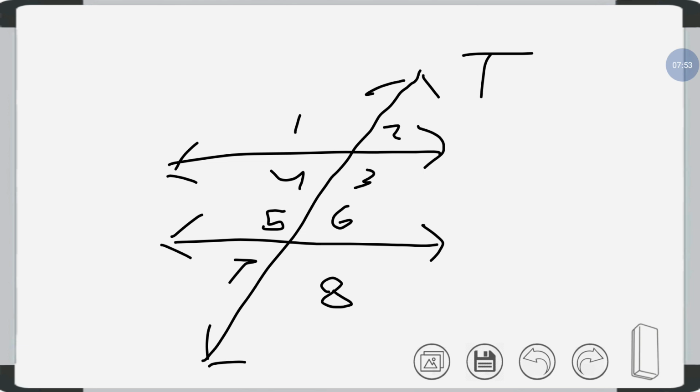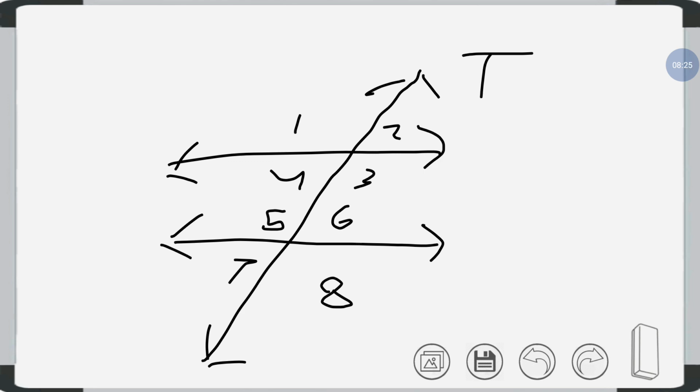Our same side interior angles are supplementary, so they are not congruent. Alternate interior angles are congruent, and alternate exterior angles are also congruent. So all of them are congruent except the same side interior angles. So that's it.